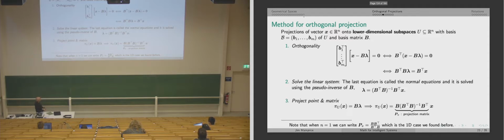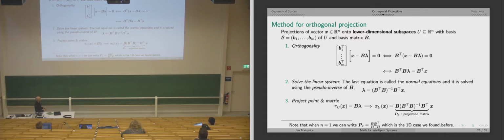So this is the solution of something called least squares problems. I think it's on the next slide, sorry. Anyway, this is just telling us how to linearly combine the basis vectors in order to recover the projected point.